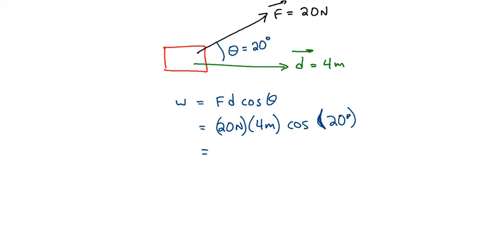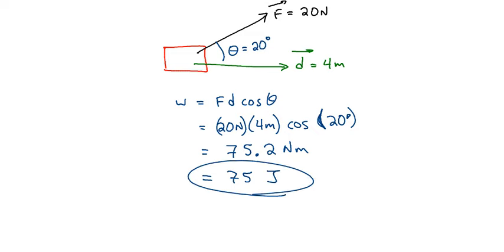My calculator's misbehaving here. 20 times 4 times cosine of 20 comes up to 75.2 newton meters. Something like that. You can argue about the number of significant digits there if you want. And again, a newton meter is simply a joule. Let's just call it 75 joules there. Okay? And that would be the amount of work that we did there.